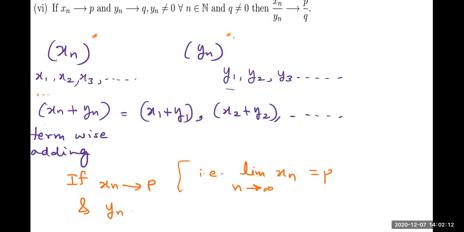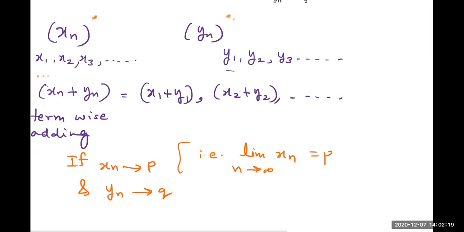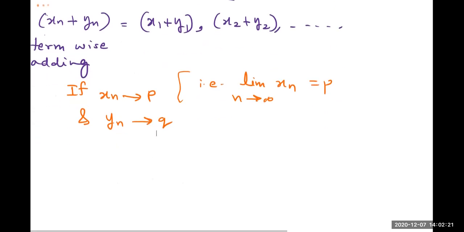And yn is converging to q. Okay, so xn and yn are both convergent sequences, and I know their limits. So yn converges to q का क्या मतलब हो गया? That is, in other way, limit of yn as n tends to infinity is equal to q. Okay.